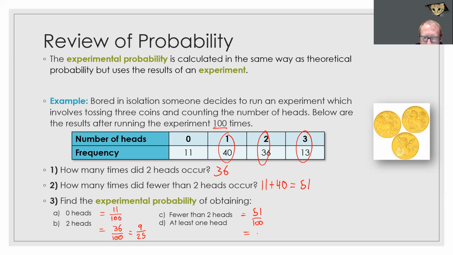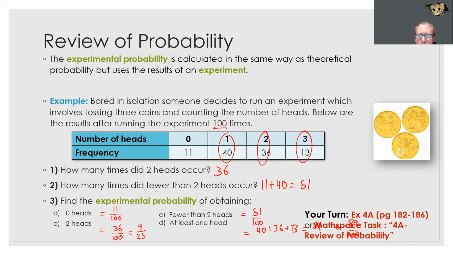So we need to add all those together, which equals 89. And then our probability of getting that is 89 over 100. So that's our probability of getting at least 1 head. Okay. Whoops, I've written in the instructions. So we'll just squeeze this one down here.